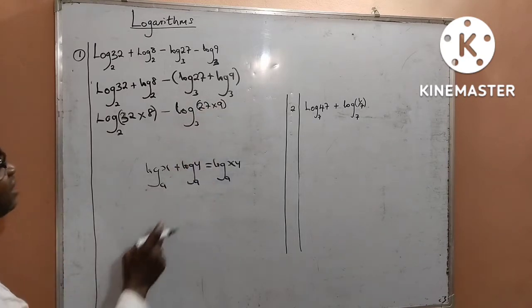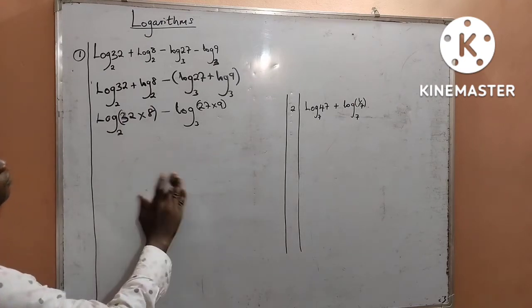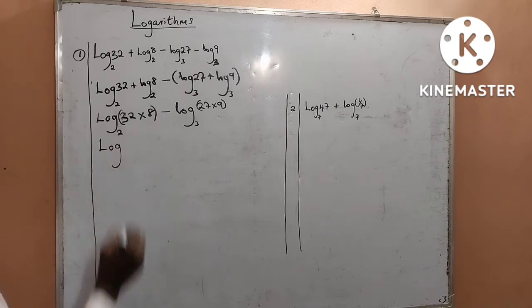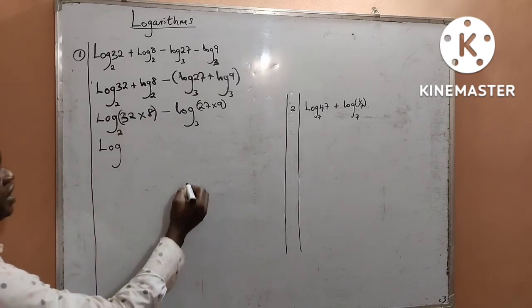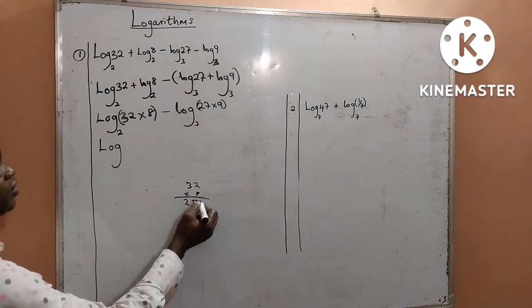So what I have done is apply this addition law of logarithms, multiplying the two expressions to one common base. Now, 32 times 8 gives us 256.